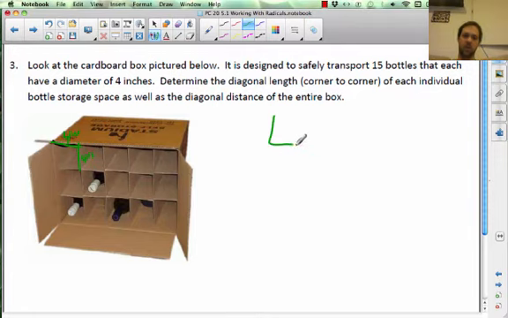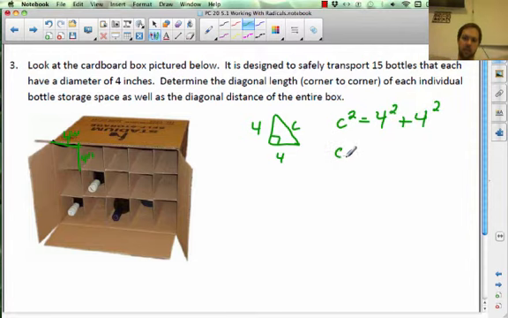Now, if we want to figure out the length of the diagonal, we have 4 and 4 in a 90-degree triangle. And this diagonal, we could call it C for the hypotenuse. C squared equals 4 squared plus 4 squared. And C squared equals 16 plus 16.